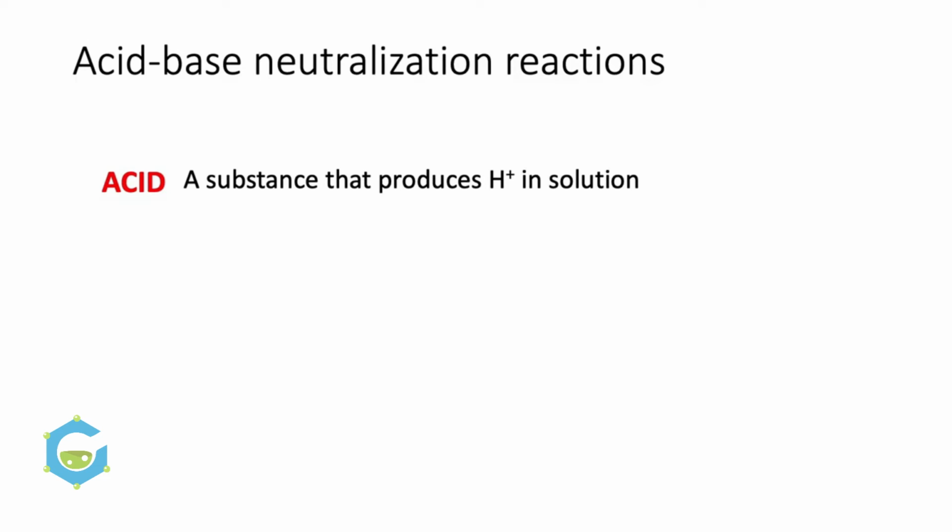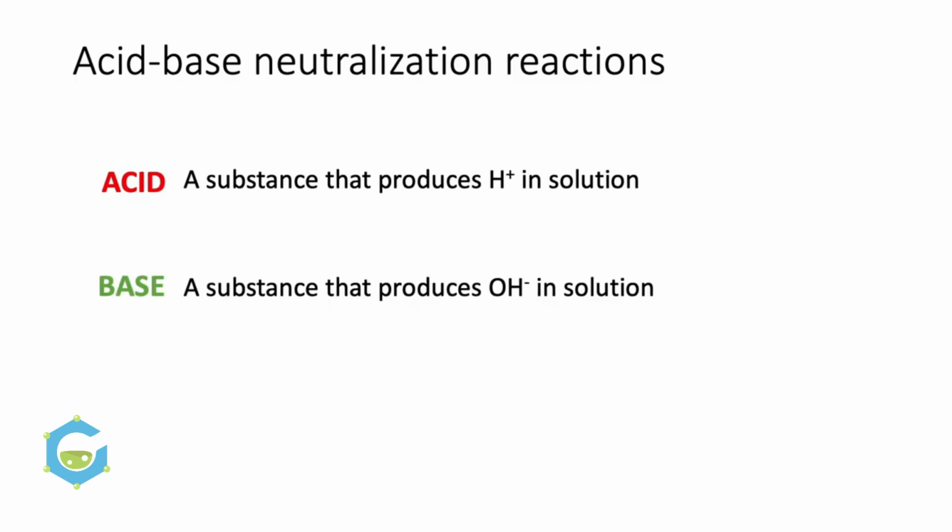There's also an Arrhenius definition for what a base is. A base is a substance that produces OH- in solution. So these are hydroxide ions that are characteristic of basic solutions. Now, if you put an acid and a base together, what ends up happening is that you get H+ ions from the acid and the hydroxide ions from the base combining to form liquid water.